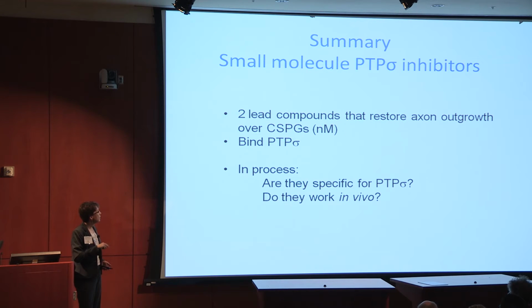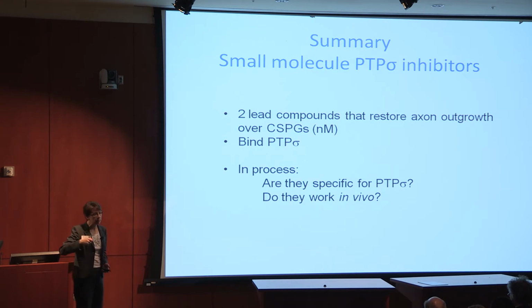We know from data that I didn't show you that they do bind PTP sigma. What we're trying to wrap up is whether or not they're completely specific for PTP sigma, because they are also targeting that catalytic domain. So there's a reactive cysteine in that phosphatase domain, but phosphatase domains and kinase domains are often very similar.